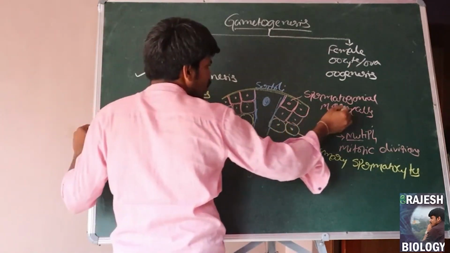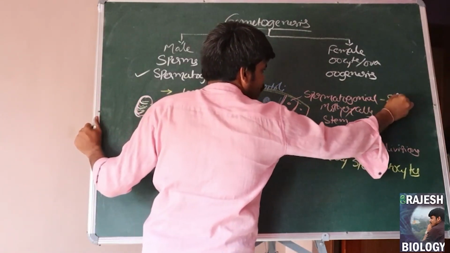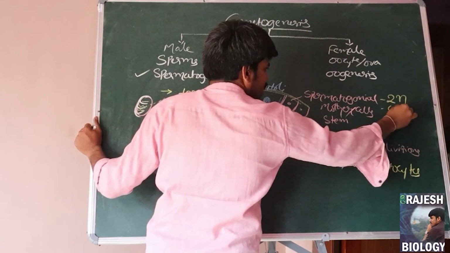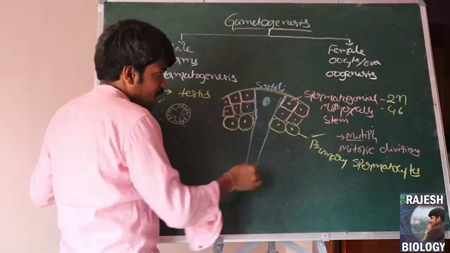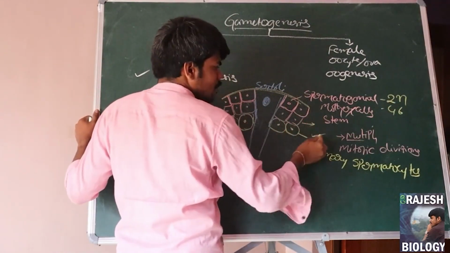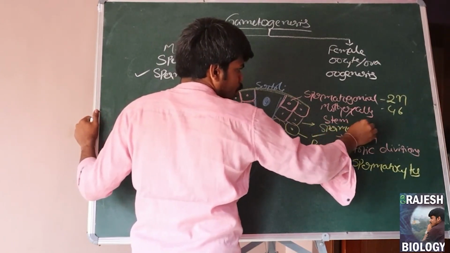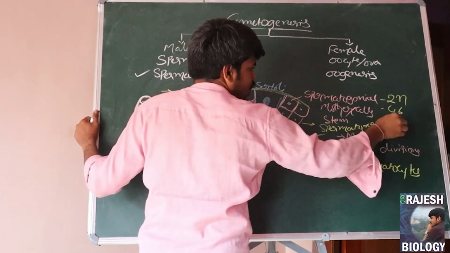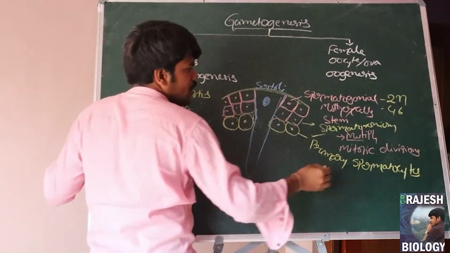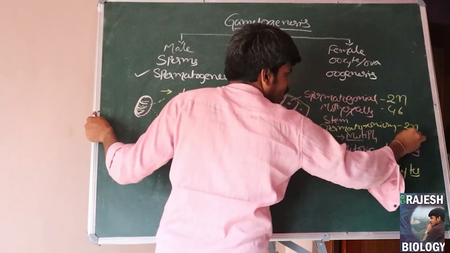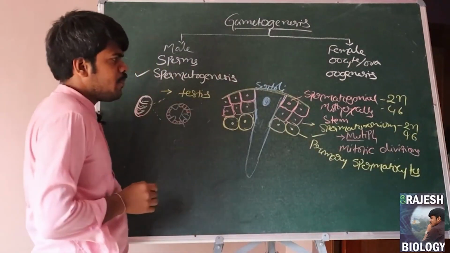So spermatogonial mother cells are diploid, with 46 chromosomes, and the newly formed spermatogonium is also diploid with 46 chromosomes.